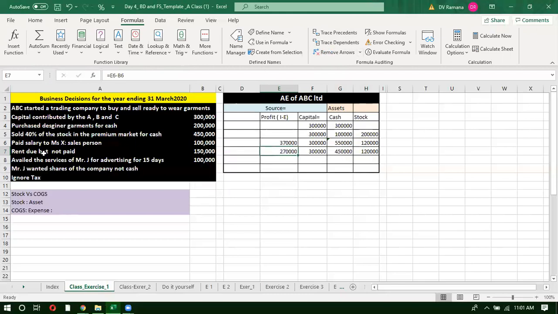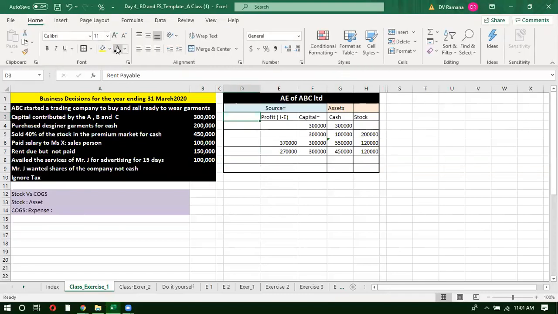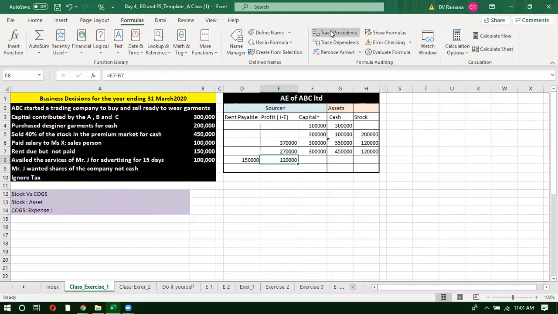Now, the next one is rent due but not paid. Because of accrual, we have to create a liability, and that liability is called rent payable, and the rent payable is 150,000. But because of this expense recognition, profit will reduce to the extent of the rent payable, and we show the rent payable because of the accrual concept and the matching concept.